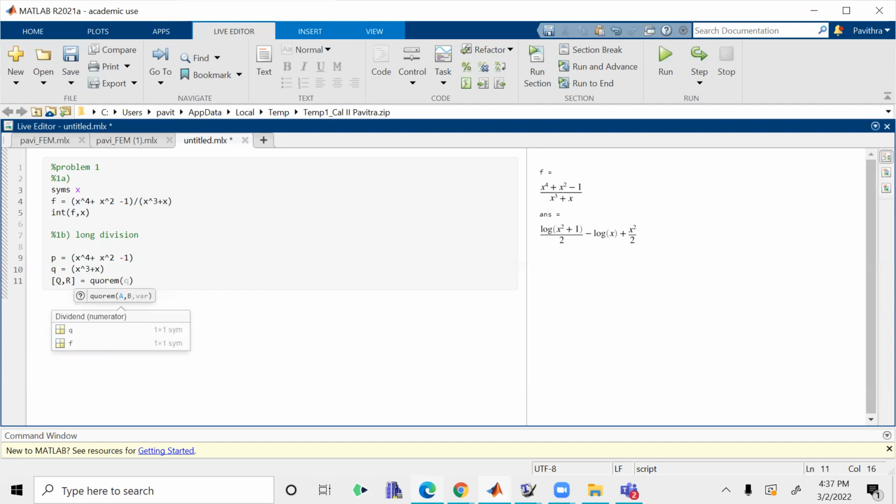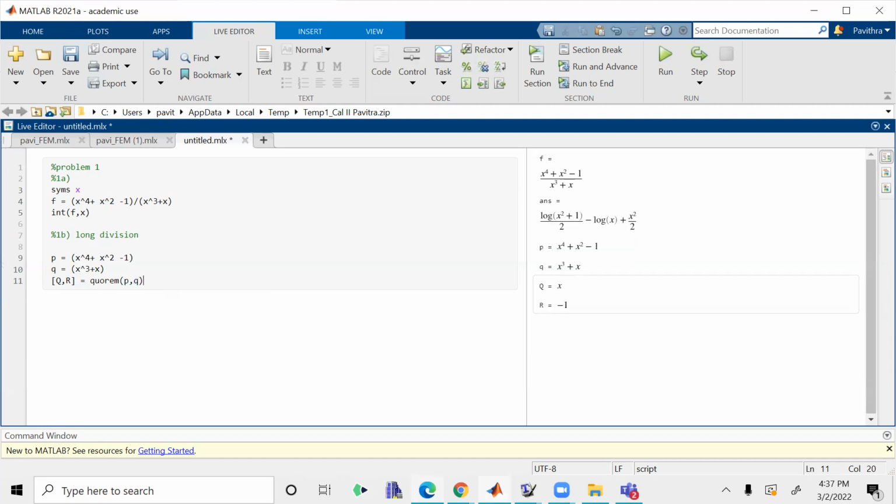In the parentheses, you need capital A, capital B. So that means you need to specify the numerator and the denominator. That's it. Control enter. There you go. You got what is Q, what is R, right? So you can perform long division in just 3 lines. Again. Now, 1C, partial fractions.